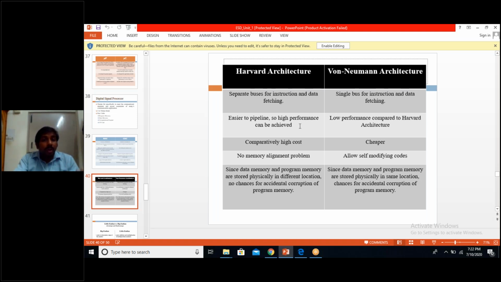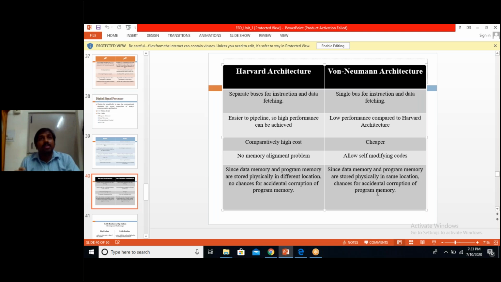Physically you are keeping two buses, so it requires high cost, and there is no memory alignment problem, and these memories are located in different places. But in von Neumann architecture, you are using a single bus, so it gives less performance and is cheaper, and you have to do self-alignment modifications. The data and program memory are stored in the same location, so sometimes data may accidentally get corrupted.